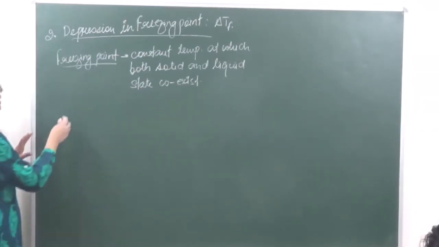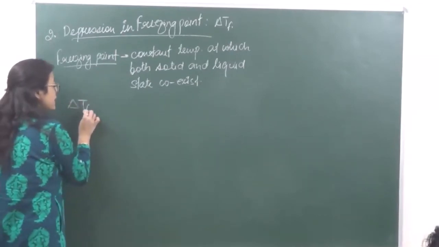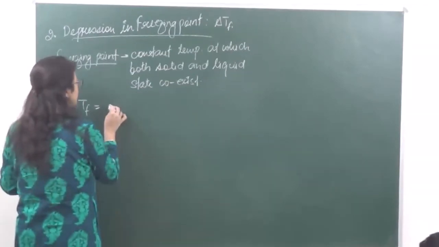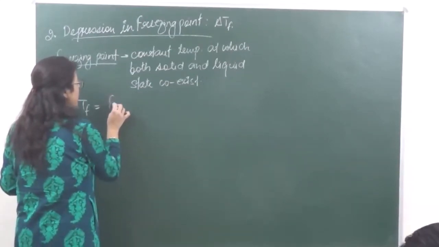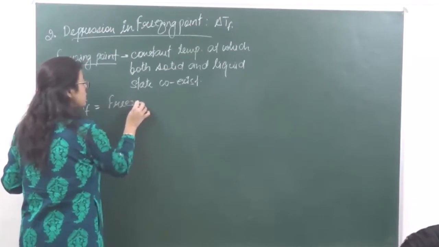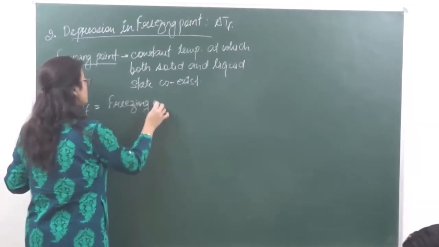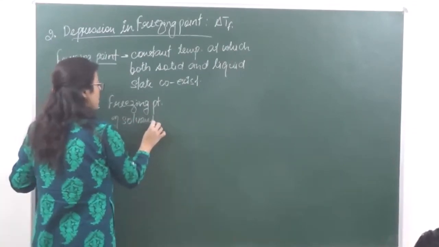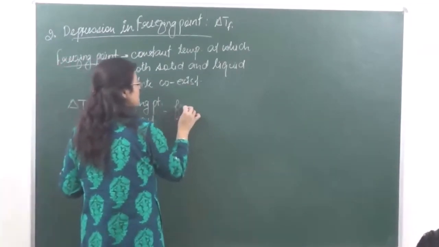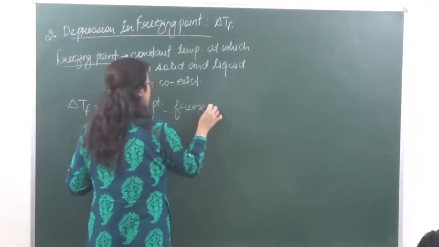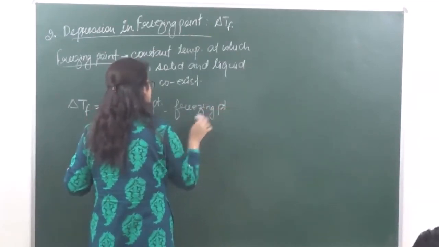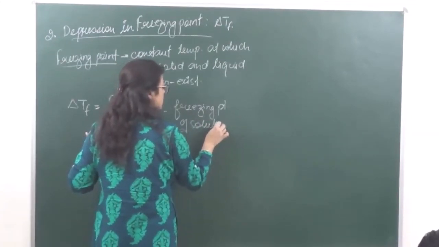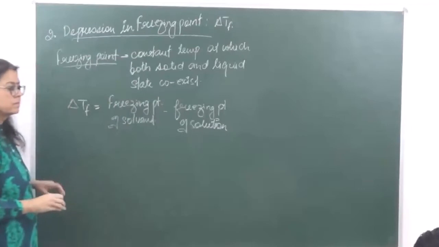Now the depression in freezing point is denoted by delta Tf, and it is given as the difference between the freezing point of the solvent minus the freezing point of the solution.